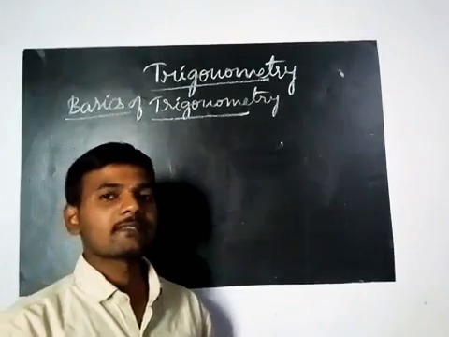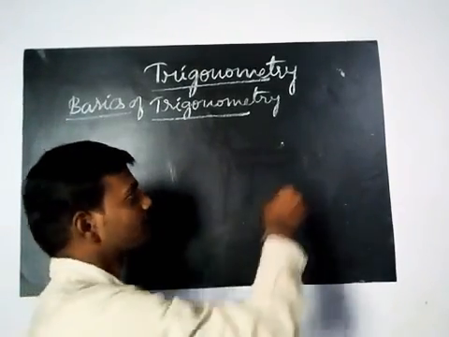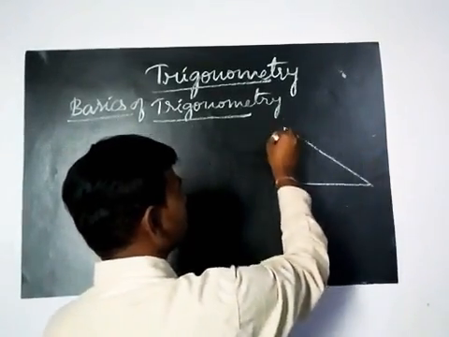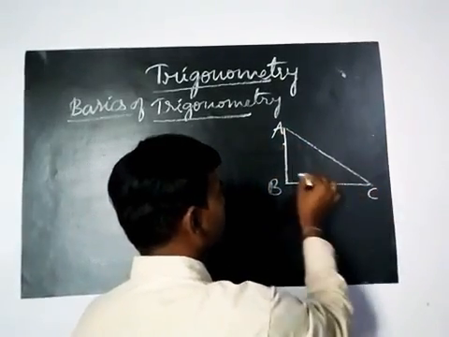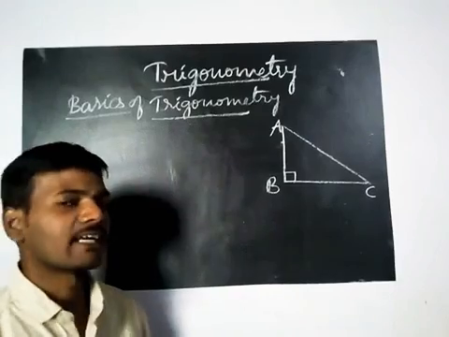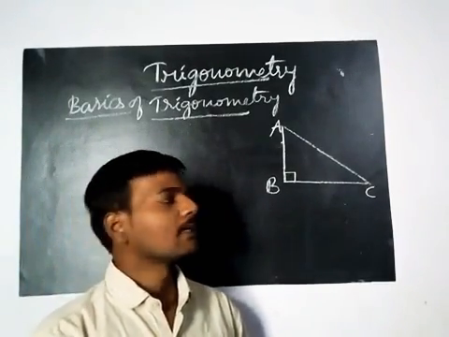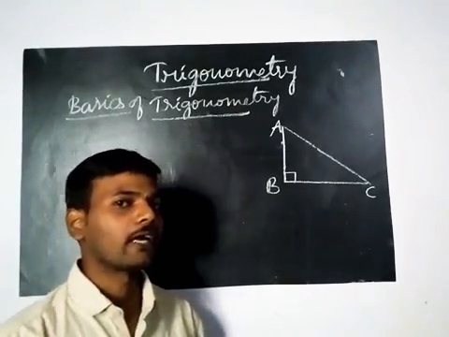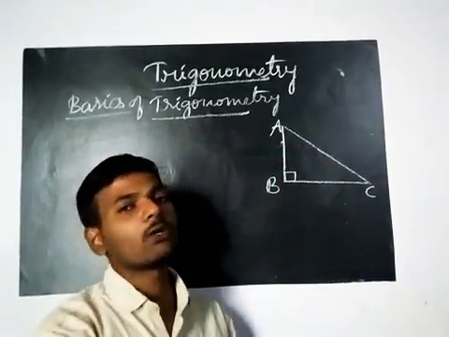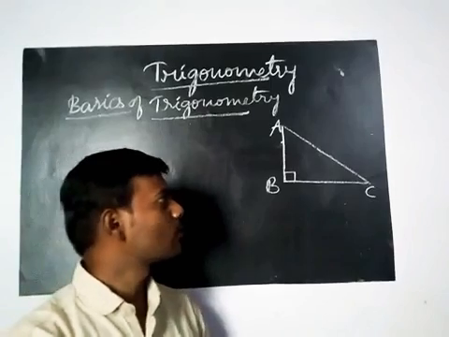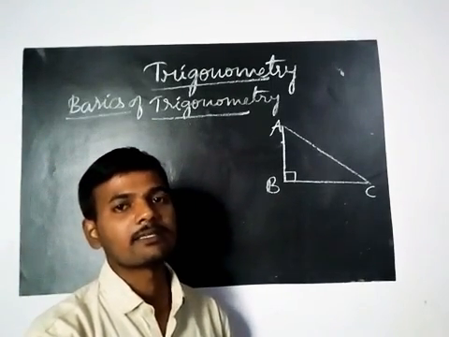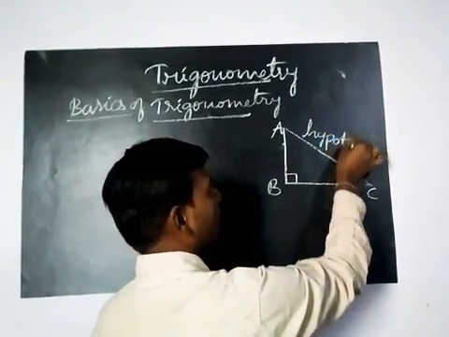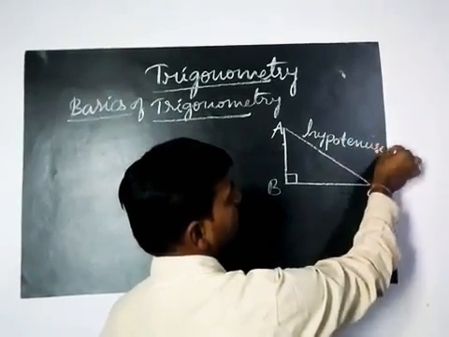To know the basics of trigonometry, let me consider a right triangle. Triangle ABC is right angled at B. Apart from the right angle, there are two acute angles, angle A and angle C. The side opposite to angle B, that is the right angle, is the hypotenuse.